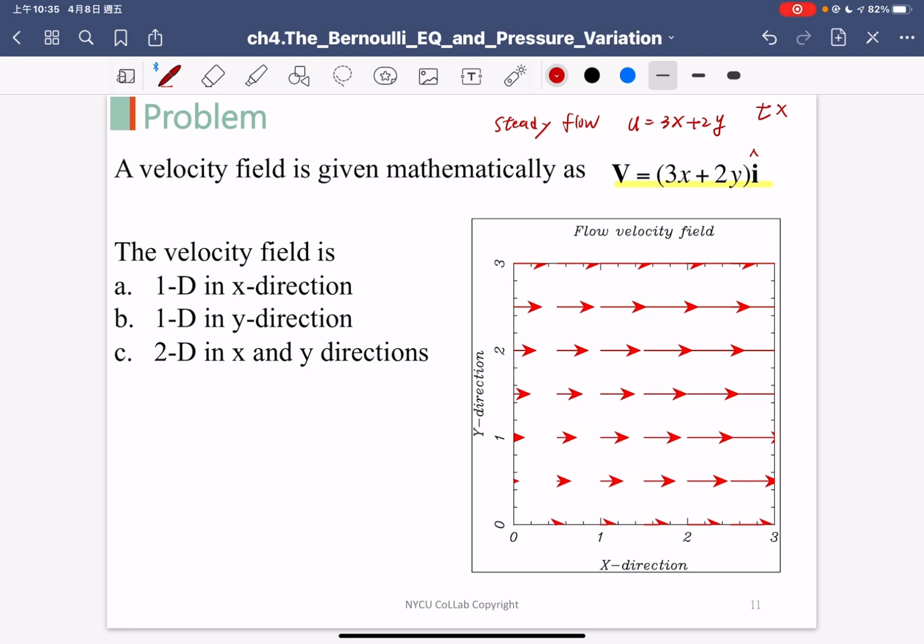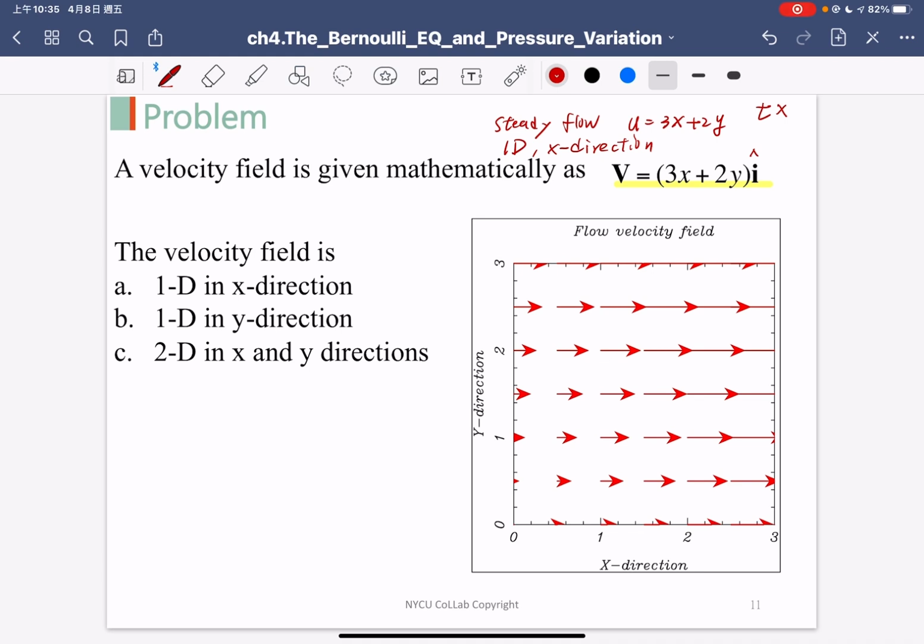And the second point: because there is only one direction, the i direction, this is a one-dimensional velocity field. The direction is only along i, so we are only focused on the x direction velocity field.